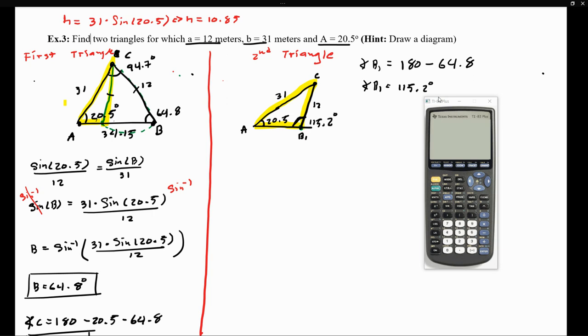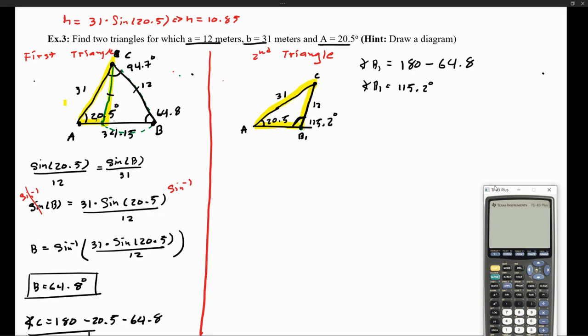So now we have everything that we need about this triangle to solve for it. The only thing that we're missing is angle C, which is not going to be 94.7 anymore. This is going to be a new value for angle C. And what's the value for C now?